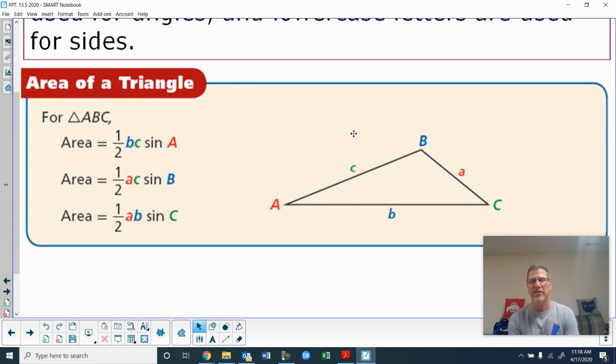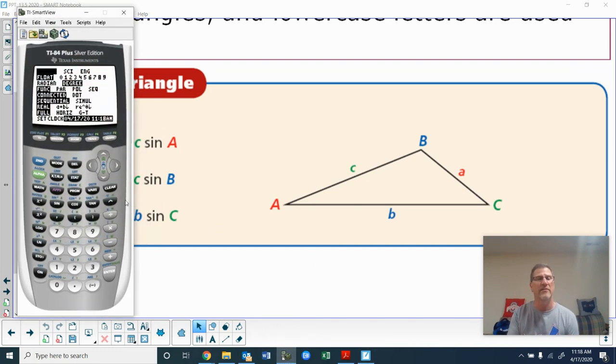So in this area of a triangle problem, the new formula we're going to use is 1/2 side B times side C times the sine of angle A. Now, in your calculators, make sure you're in degree mode when you do these. Just looking at my calculator to check the mode, it's right there next to the second.